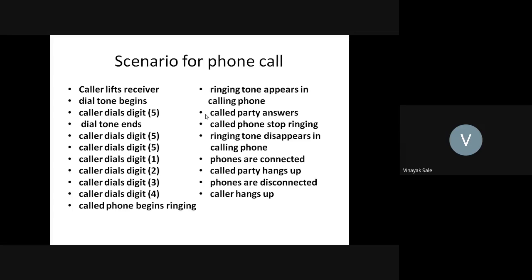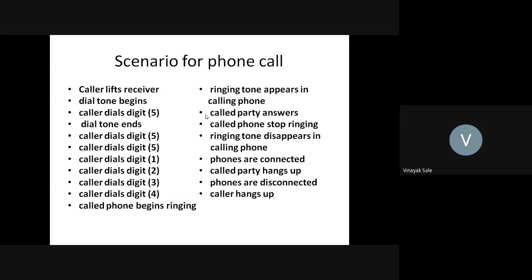For example, before handphones or mobiles, there were phones from which we could dial a number one by one. So this is a scenario of a phone call. First the caller lifts the receiver. Whenever the receiver is lifted, the dialing tone begins.